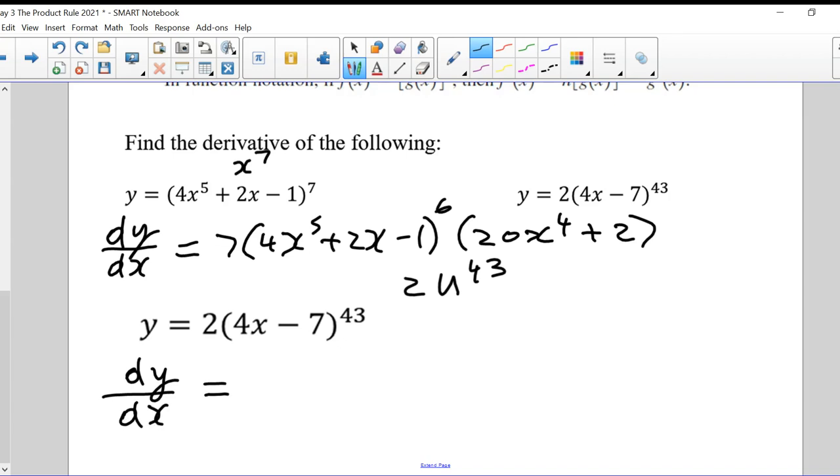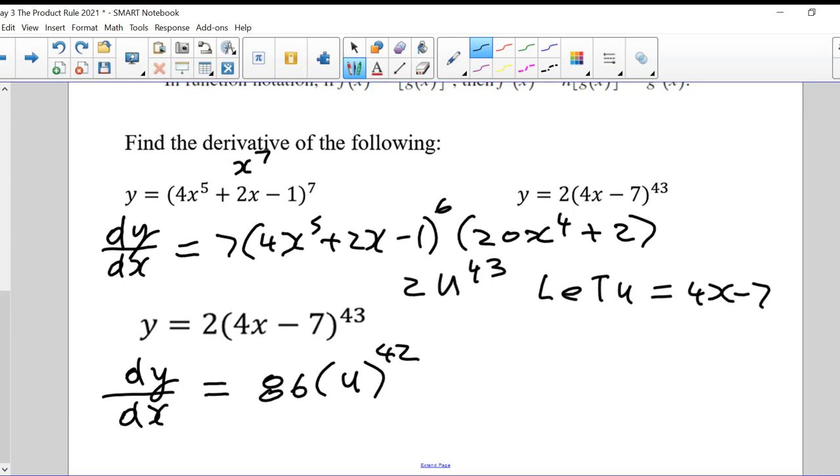Let's let u equal 4x minus 7. So I'm going to derive this as if this was 2 times u to the power of 43. That clearly would be equal to 86 times u to the power of 42. But then I have to multiply that by the derivative of the u. The derivative of the u is just simply 4.